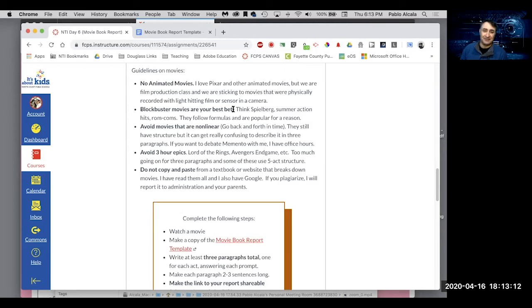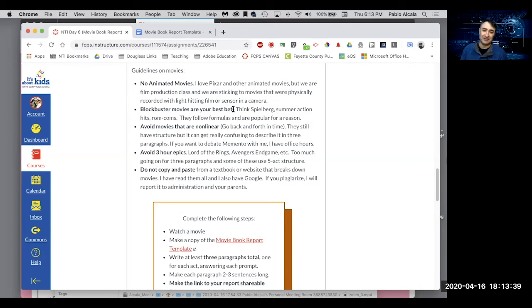Again, things that I like are Memento, Nolan. It's great, but if the movie jumps around in time back and forth, think of Endgame, it's so hard to answer where are they, in what time? It's all over the place.